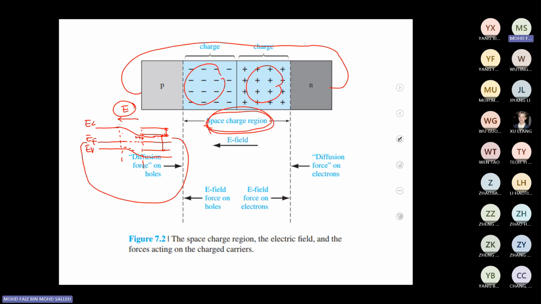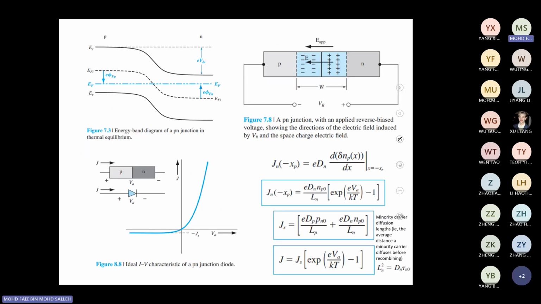So this is the energy band diagram that you have all learned before, and you can see that it becomes like this. This is the PN junction. We call it the PN junction. And this PN junction can be, or one of the electronic components is, the diode.